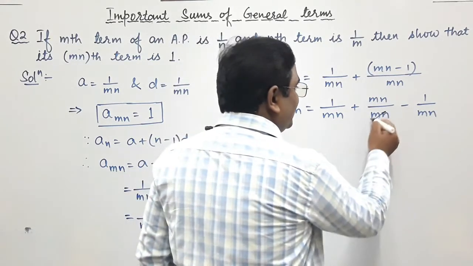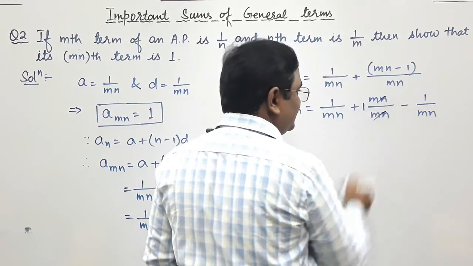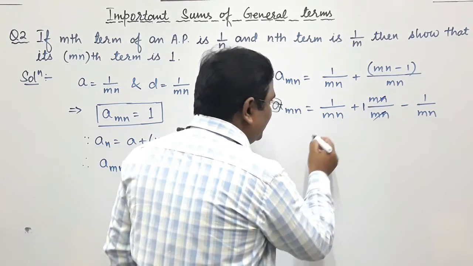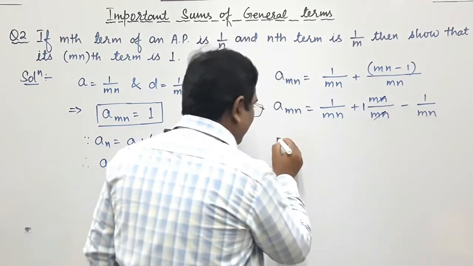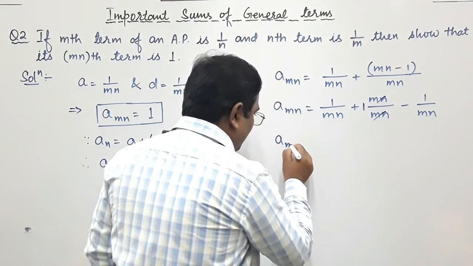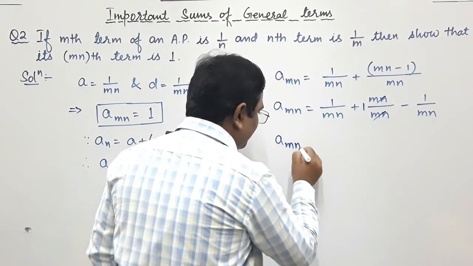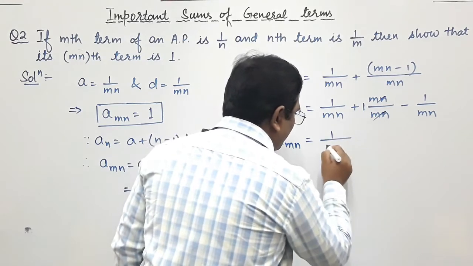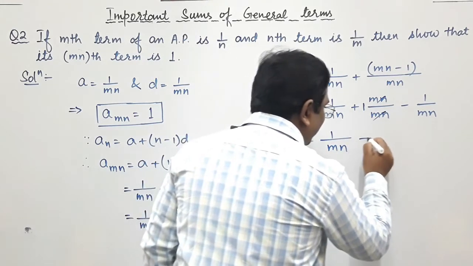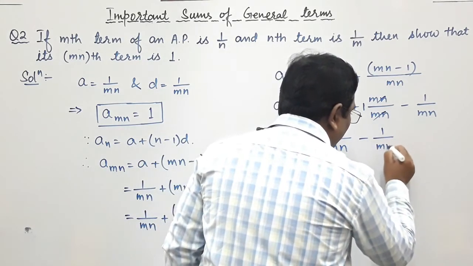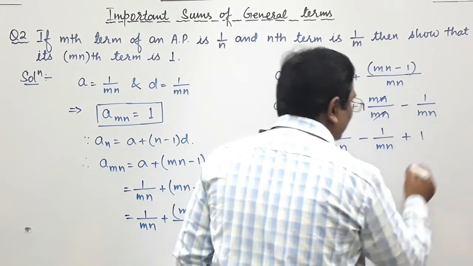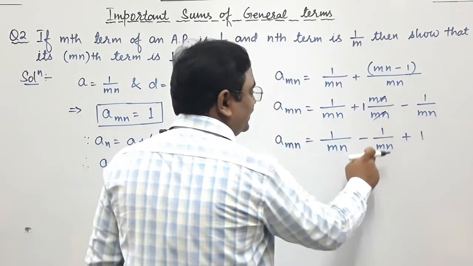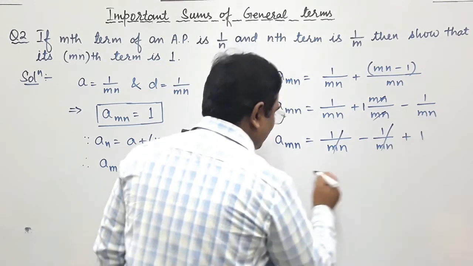Now this mn is cancelled by this mn, you got 1, and this 1 upon mn minus 1 upon mn, it means you got A of mn equals 1 upon mn minus 1 upon mn plus 1. This we have written in the second term. Now this is cancelled.